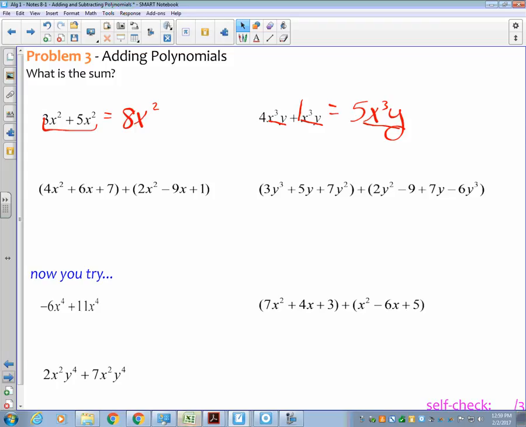One thing you can do, and this is my personal method, I match up the ones that go together and I combine those all in one. So I'm going to put a line under my x squared. So I put a line under my x squared and I say 4x squared plus 2x squared. How many x squareds all together?